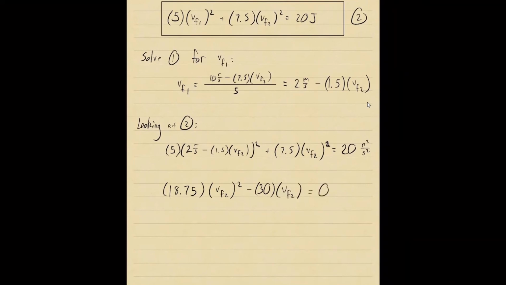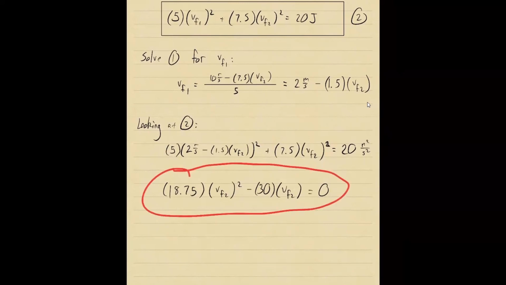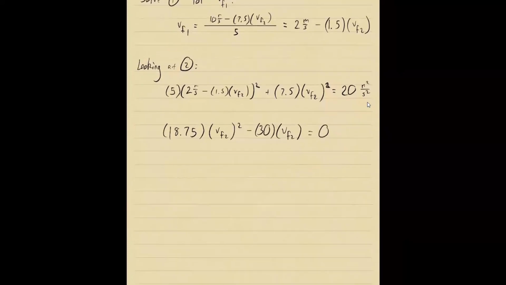And it turns out that's going to be equal to 0, because this 20 gets canceled out by some of the stuff that falls out of this. And so we just have to solve this for the final velocity for our second ball, right? So if I add this to both sides, on one side we get 18.75 times the final velocity of our second ball squared. It's going to be equal to 30 times the final velocity of our second ball.